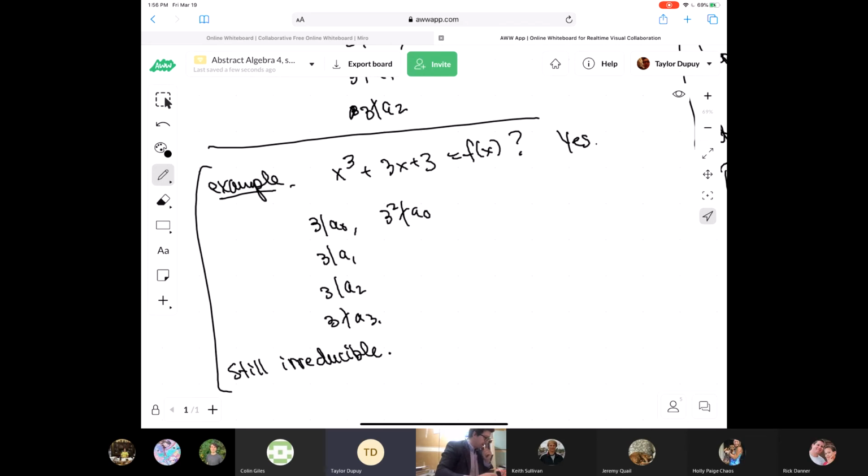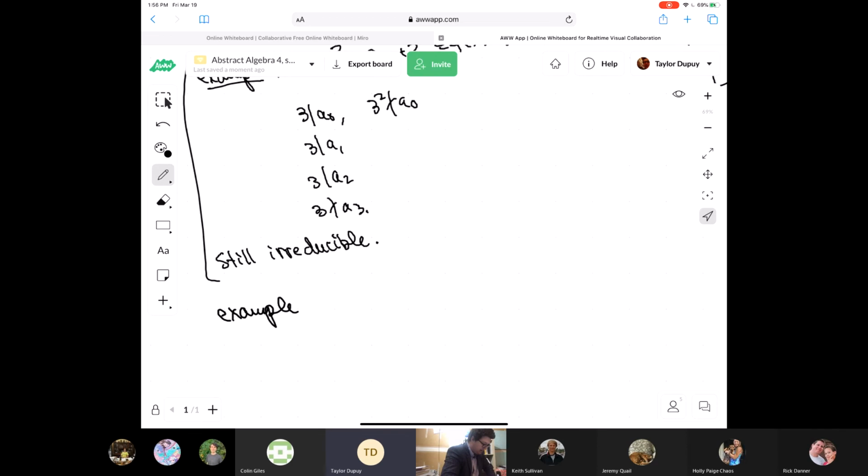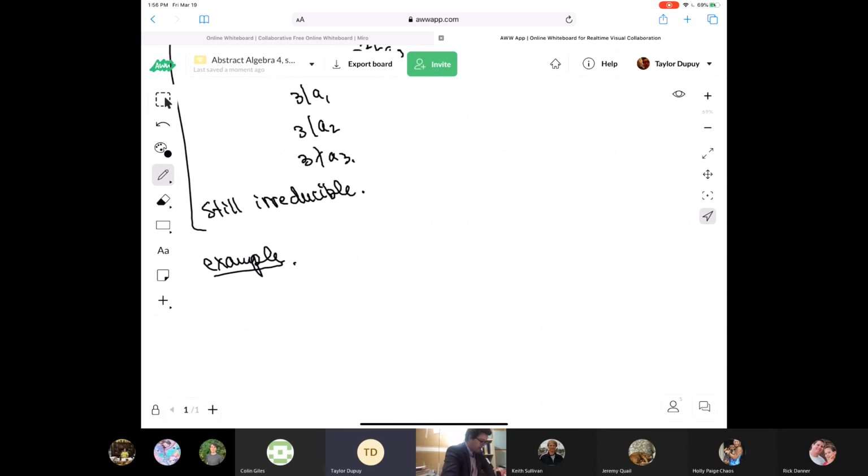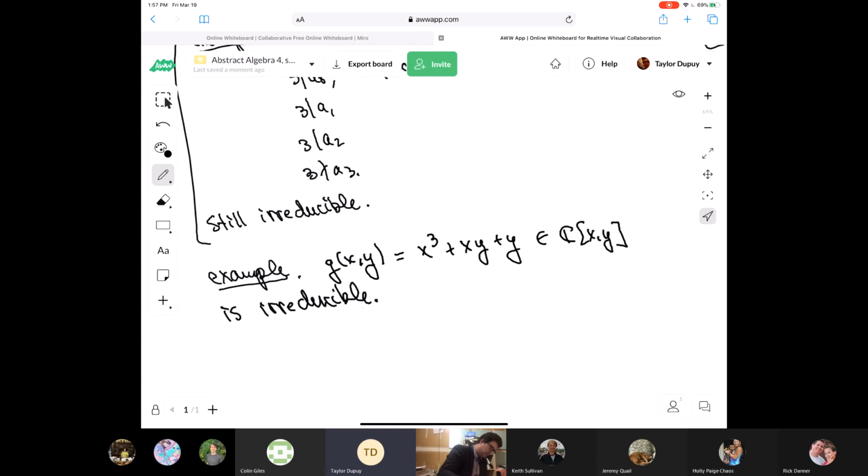So you could do the same thing, right? I just want to point out that you can do the same thing with y's. So if I did g of x, y, this is x cubed plus xy plus y in C of y, it is irreducible, right?